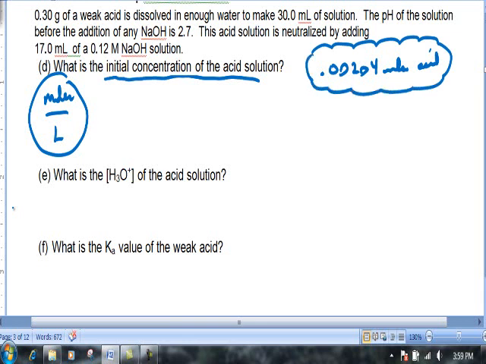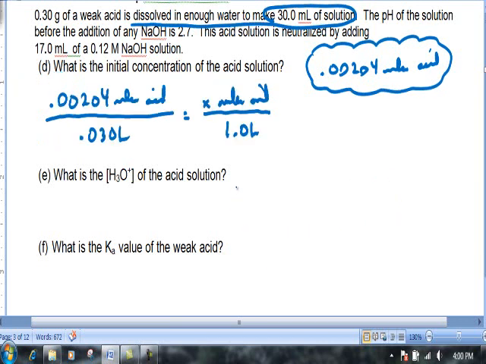That's how many moles were equal to the moles of base that we'd added. That provides us with how many moles of acid were present in our flask. The volume comes from, we're told here that we dissolved the acid in enough water to make 30 milliliters of solution. So the volume of our acid solution initially was 30 milliliters.